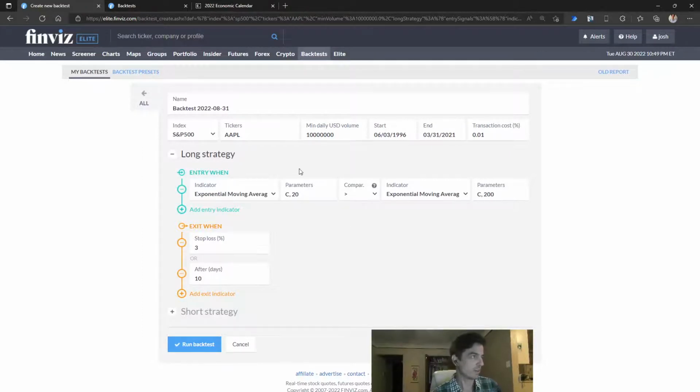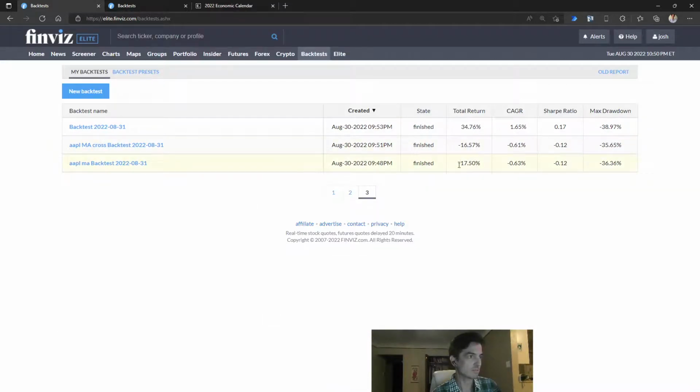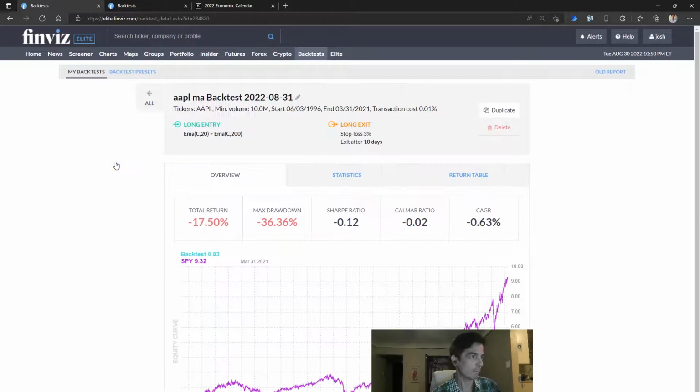This was totally arbitrary, and I chose Apple even though the index is S&P. I didn't understand this stuff very well. This is what I wanted, when it crosses, not just when it's greater than. But I'm not so sure that it really matters. Let's just, as a test, this one is negative 17.5.